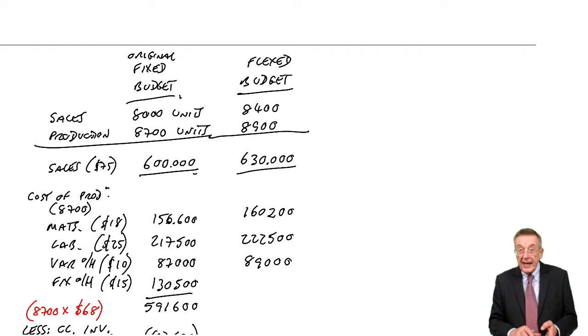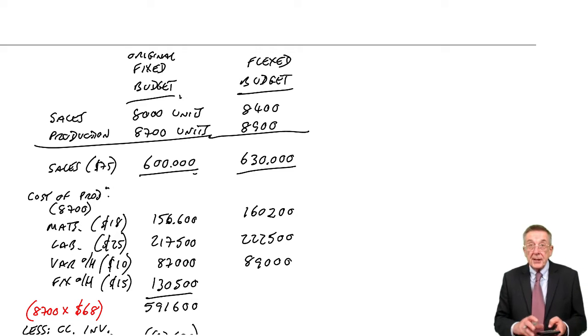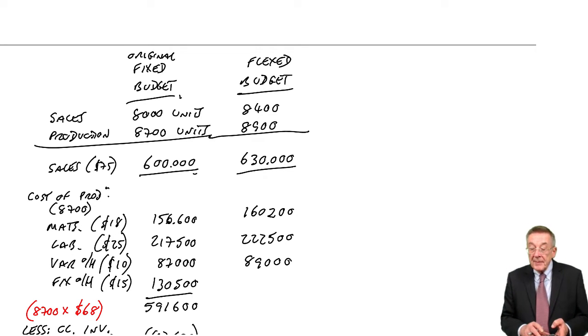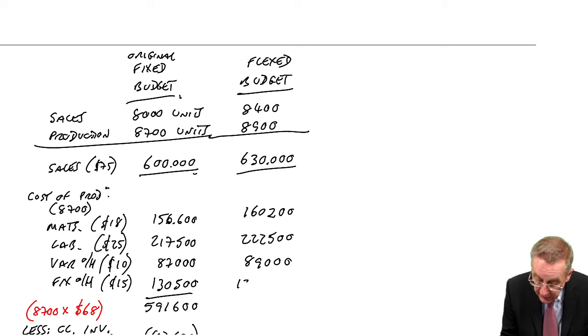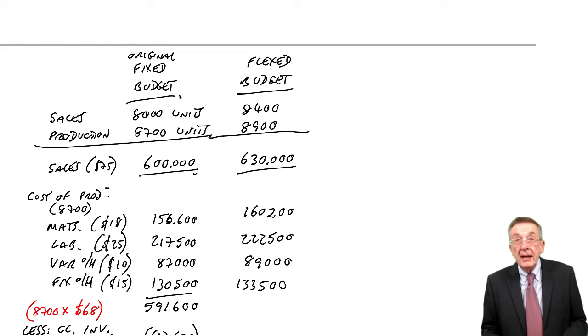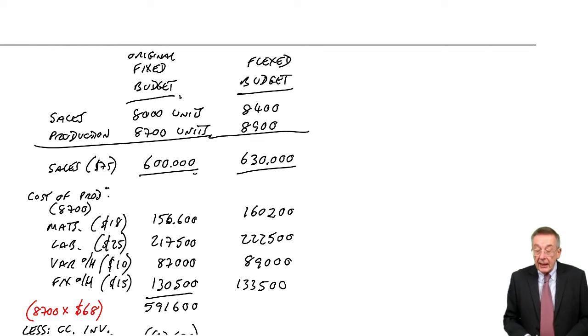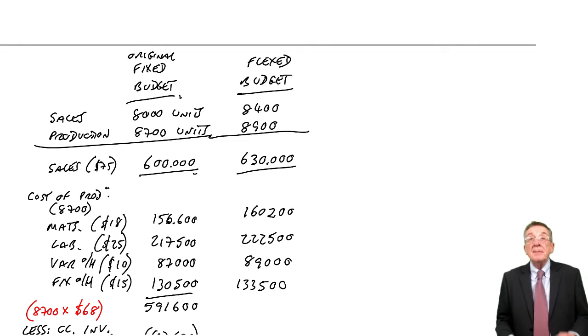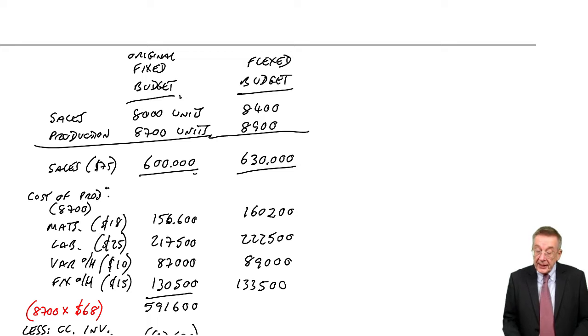And finally, fixed overheads. Now this might worry some of you, but be patient with me. 8,900 at $15, 133,500. Now, if you are getting worried there, please be patient for a minute, but accept how I got the figure. I multiplied 8,900 production by the $15 a unit for fixed overheads.